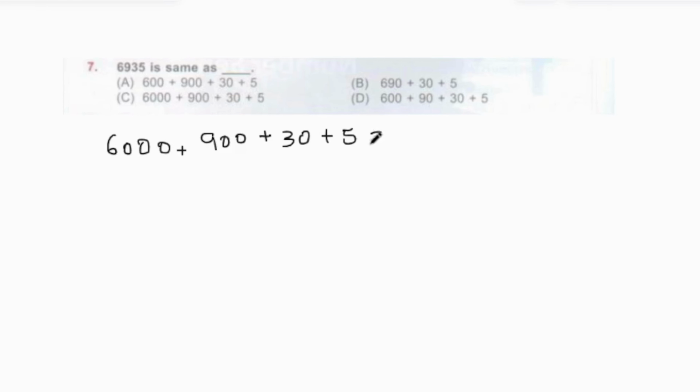This is equal to 6935. Now the only option that has 6000 among A, B, C, D is option C, and that's your correct answer.